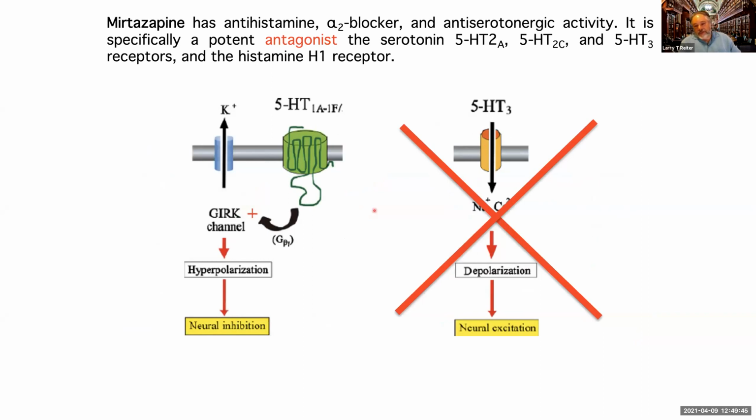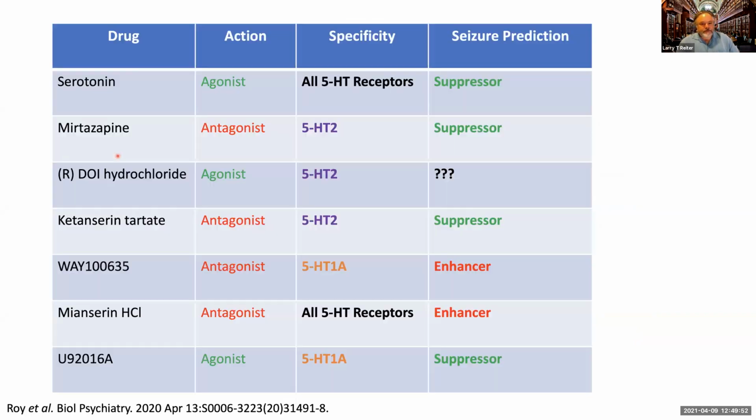So it left 5-HT1A as a candidate for how this mechanism was suppressing seizures. So then we went into a list of known agonists and antagonists for either 5-HT1A or 5-HT2 or all the 5-HT receptors. And we had very clear predictions, except for here, of whether we would see suppression or enhancement of the seizure phenotype.